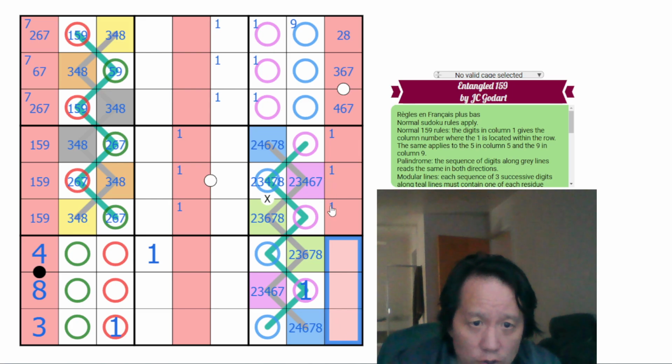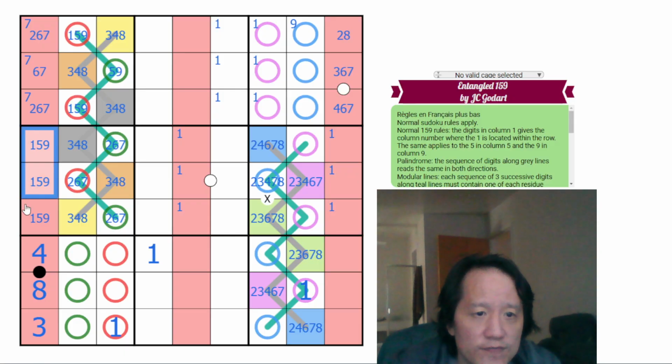So this can't be 1, therefore the 9 is here. If this is 5... Yeah, there's nothing else that's shown here necessarily.